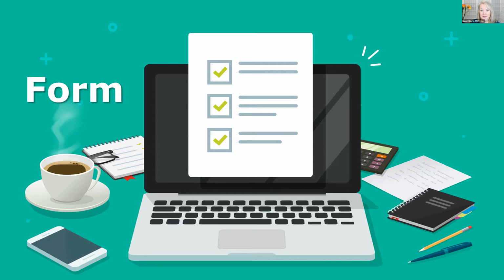You've probably completed many of these online as well. So this is a great way to survey your employees, your prospects, your customers. And they can remain anonymous depending upon how you want to use that information, or you can gather the specific details as to who is providing you that information.